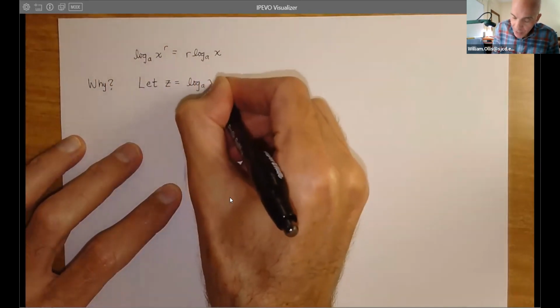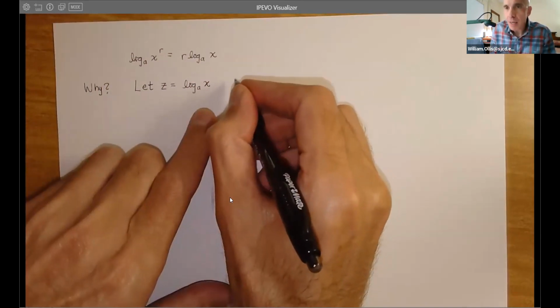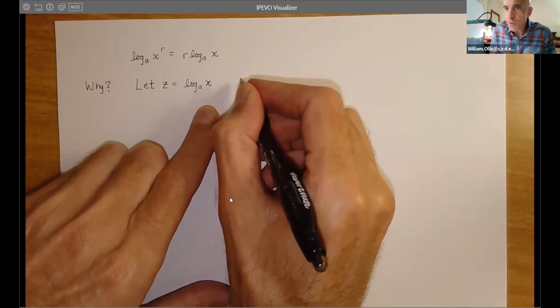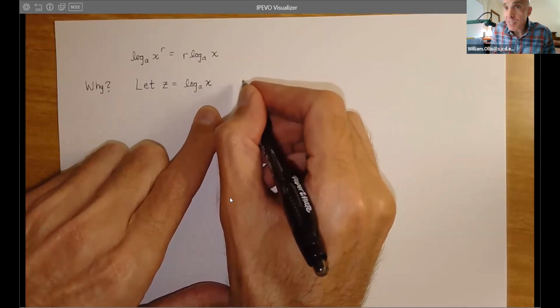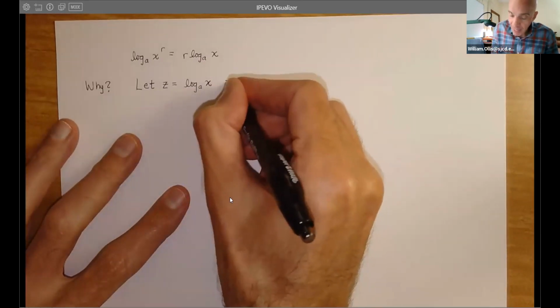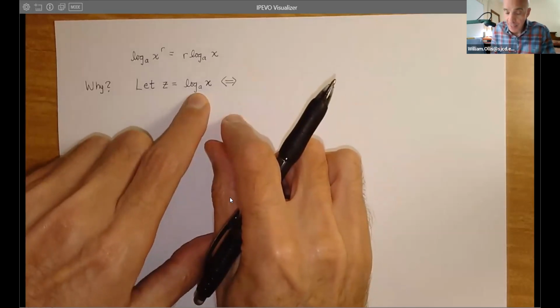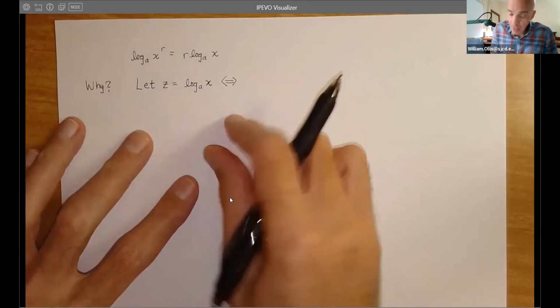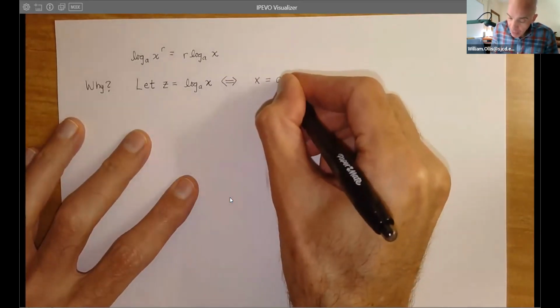The whole idea here is that we define the base A logarithm to be the inverse function of the base A exponential. So the logarithm is a power of the base. So every time we write this, we automatically have the following. That is, the power of A that equals x is z. So we say x equals A to the z.